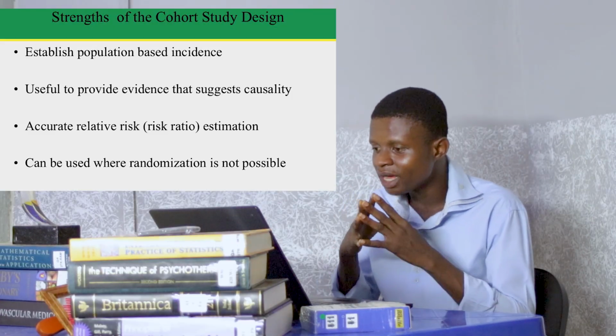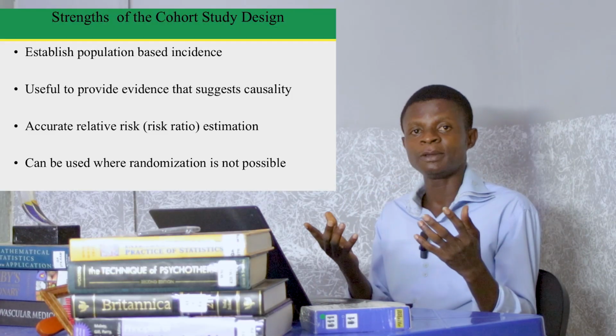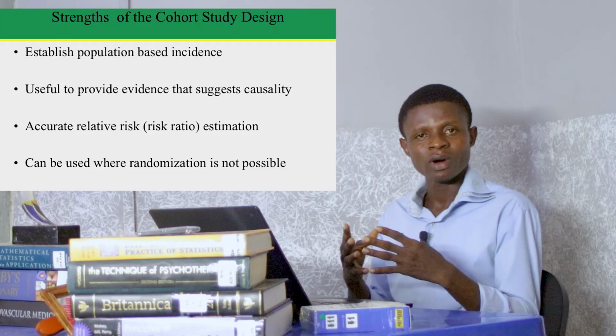Then it is useful to provide evidence that suggests causality. So it is able to tell what is the cause of this condition, what is the cause of this outcome. So it is able to tell the cause of a certain condition, unlike case control.